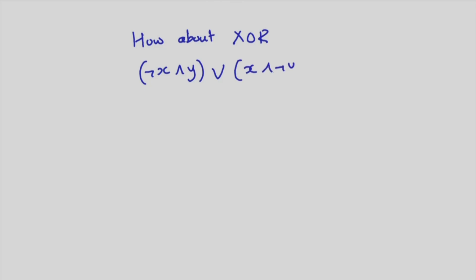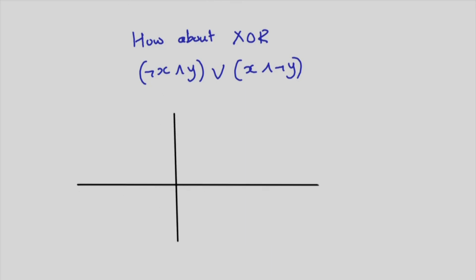How about XOR, or exclusive OR? So recall that exclusive OR is 1 if either x is 0 and y is 1, or x is 1 and y is 0. One can actually plot XOR.